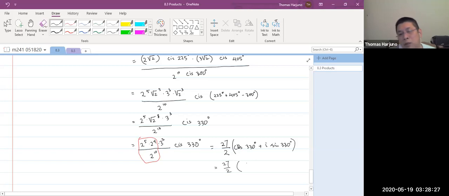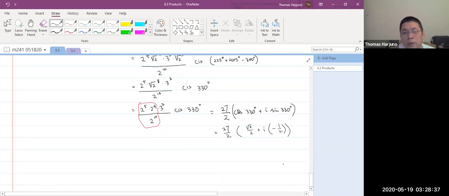Cosine 330 is positive radical 3 over 2 plus i sine negative 1/2. Okay, so this will be 27 radical 3 over 4 minus 27 over 4 i.